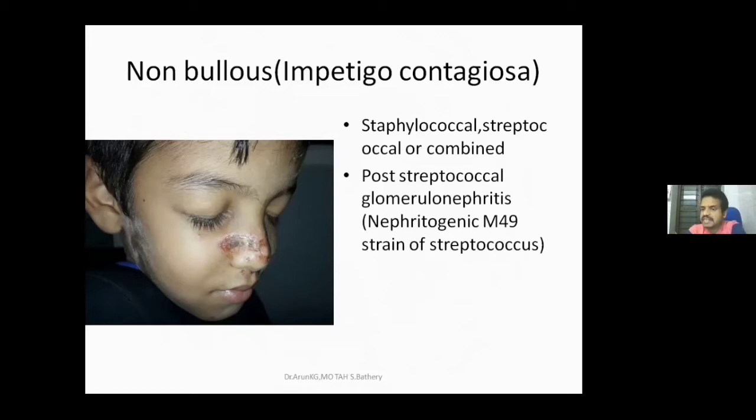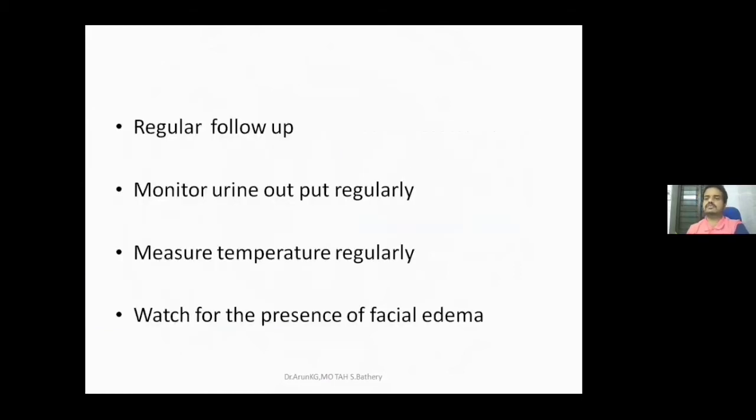If that strain infects any child, there is every chance of getting glomerulonephritis, so we can't take chances in these cases. We can't know whether it is due to the M49 strain or not.